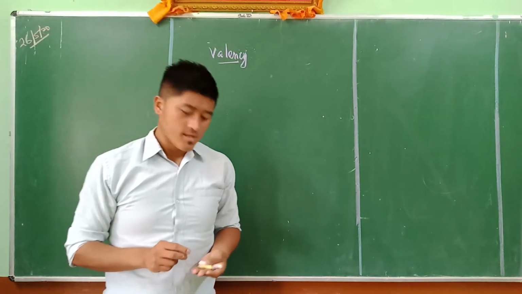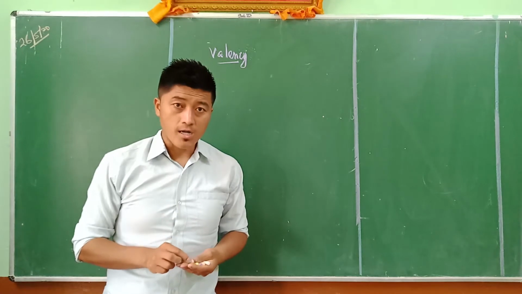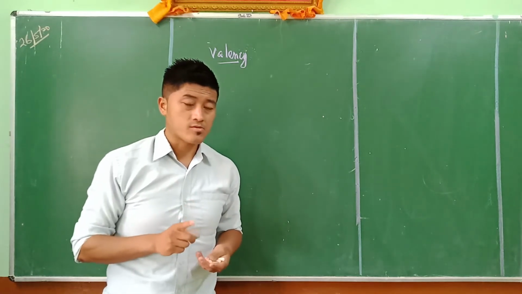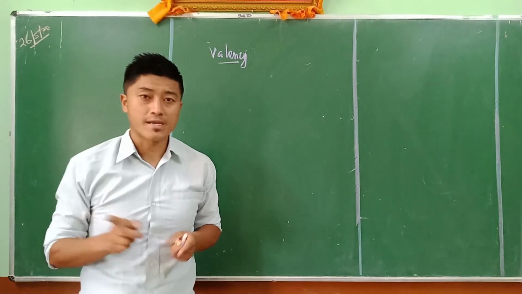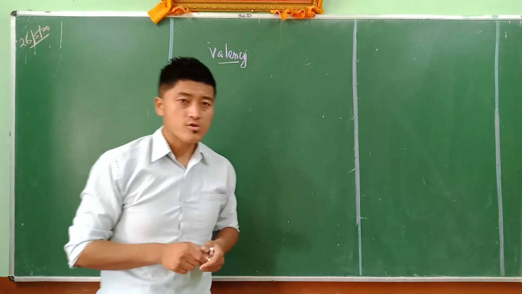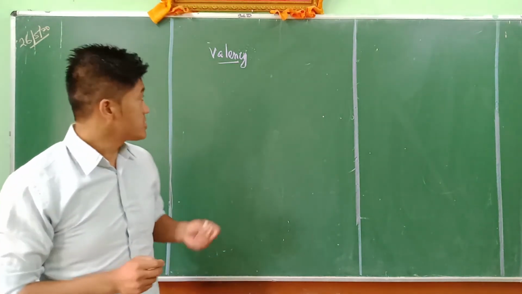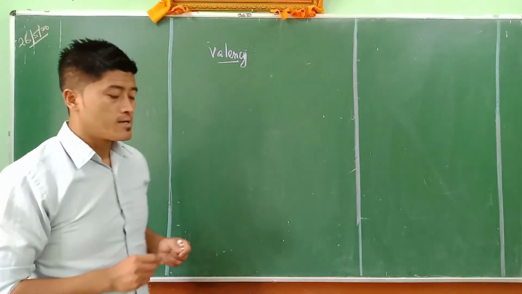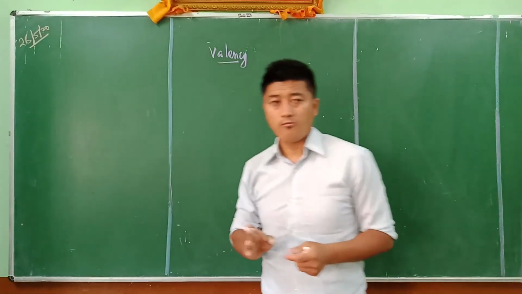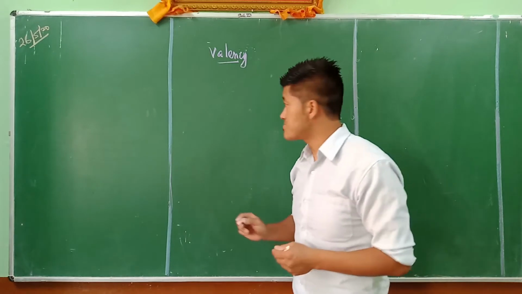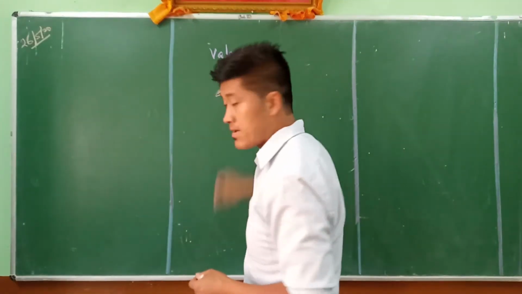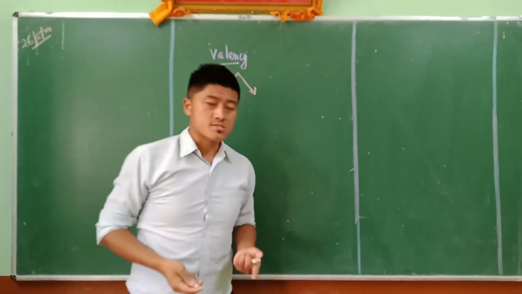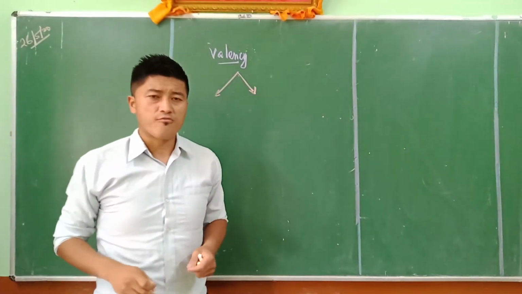Hello everyone. In the last session we talked about ions, with the two types being cation and anion. Now we are going to move forward with valency. When we think about valency, it's important to understand two things here. There are some elements in the periodic table which are very reactive.